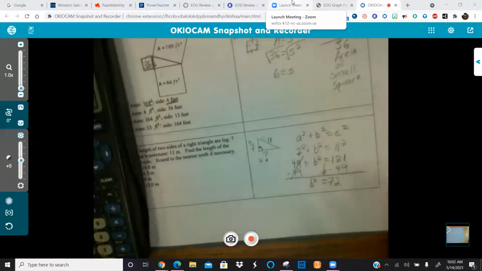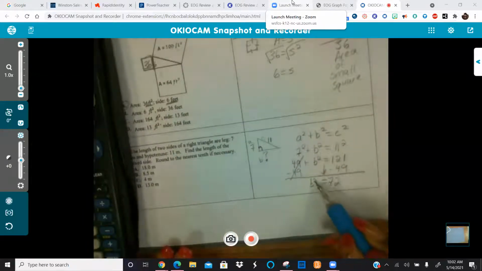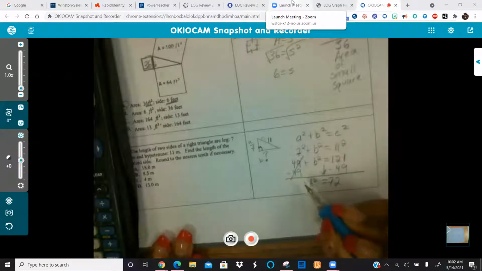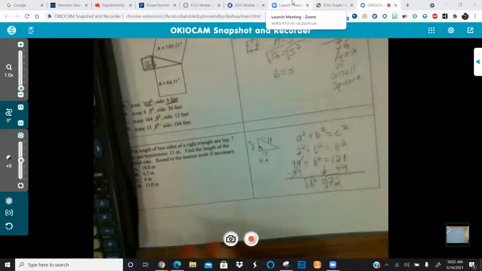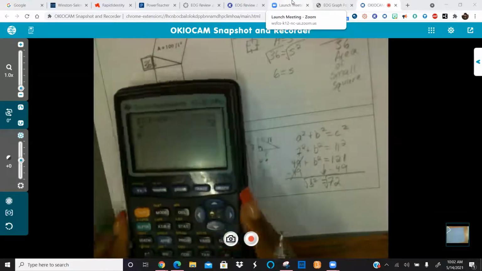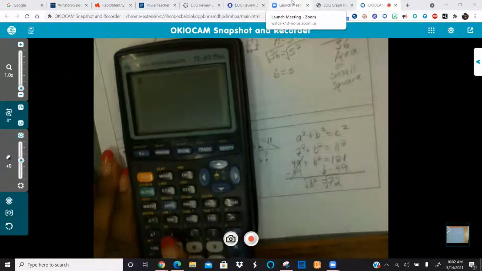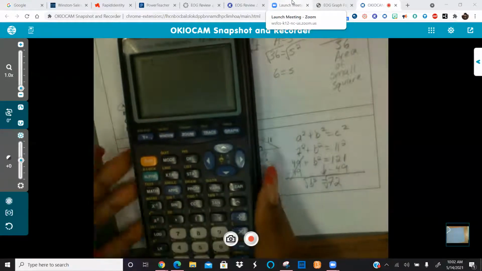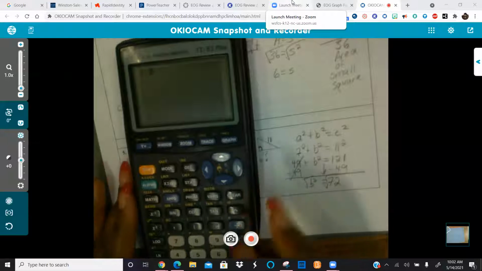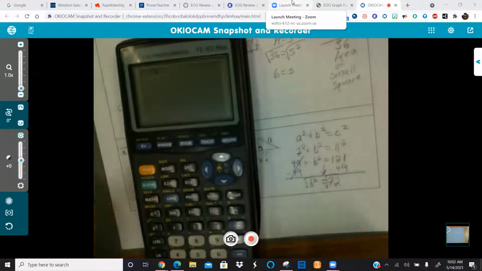So my last step, what am I going to do to get rid of the square? Find the square root. So again, to type in the square root in my calculator, I press the second button and the x squared button. Now I'm going to type in the number 72 and press enter.